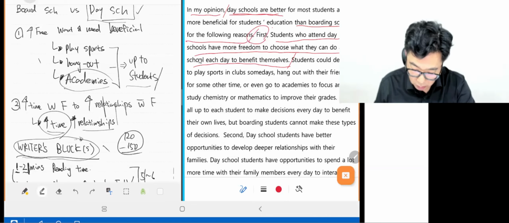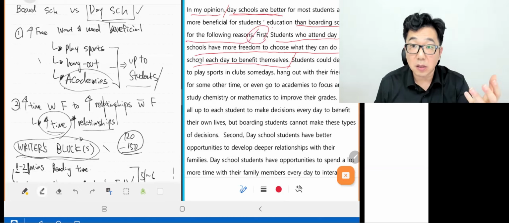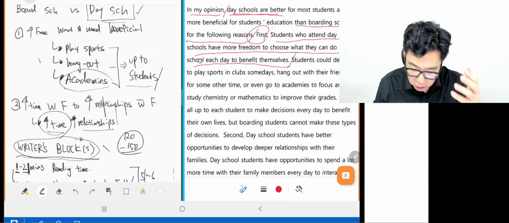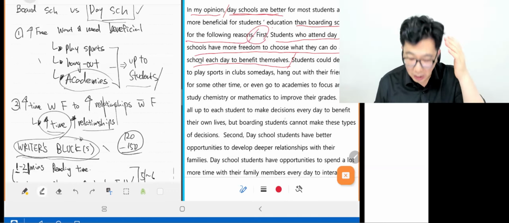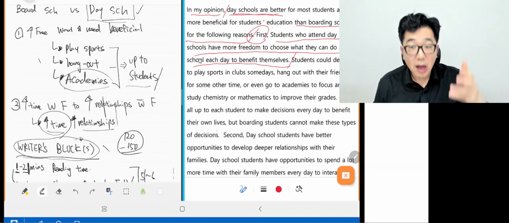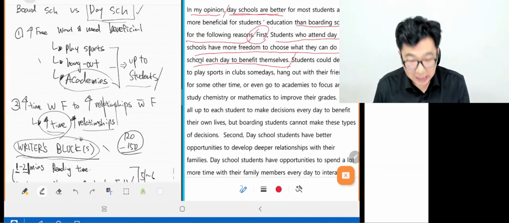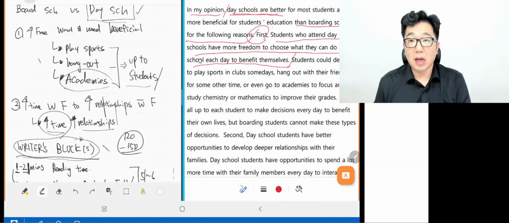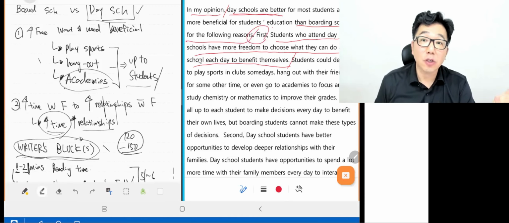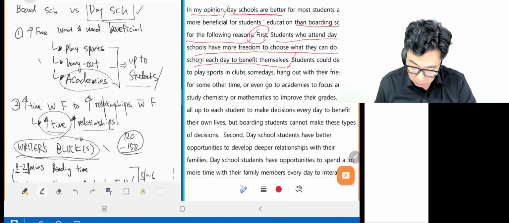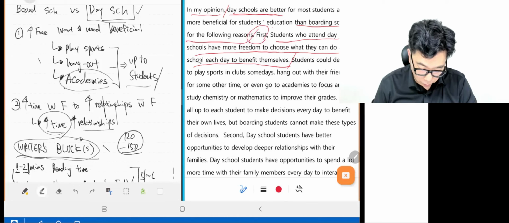It is all up to each student to make beneficial decisions each and every day to improve their own lives. Connect this sentence to the topic sentence, right? But boarding school students cannot make this kind of decision. They cannot get out of school, so they cannot make any decision that requires them to be outside of the school and do something, right? It's impossible. Perfect.